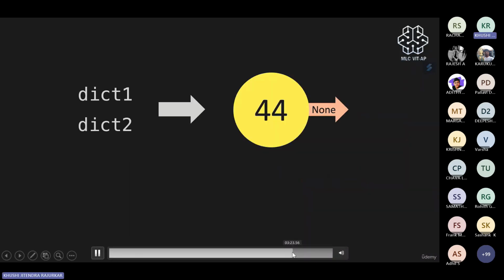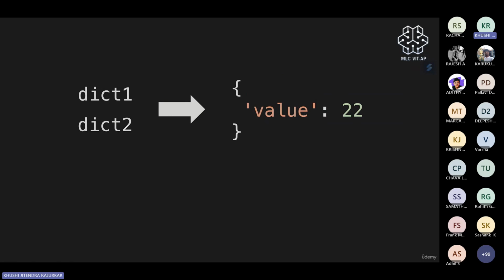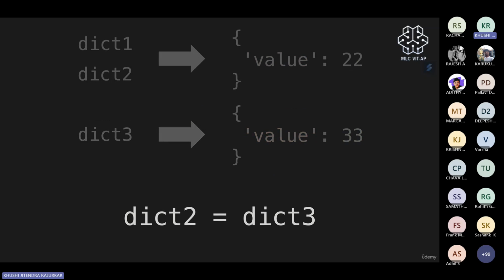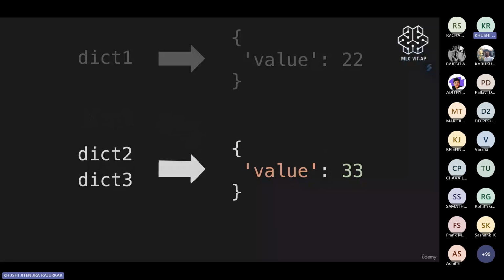So we had dict1 and dict2 pointing to a certain dictionary value, and if we take another dictionary, dict3, which is pointing to another value, and assign dict2 to be equal to dict3, then since dict2 is already equal to dict1, dict1 will also start pointing to this third dictionary.